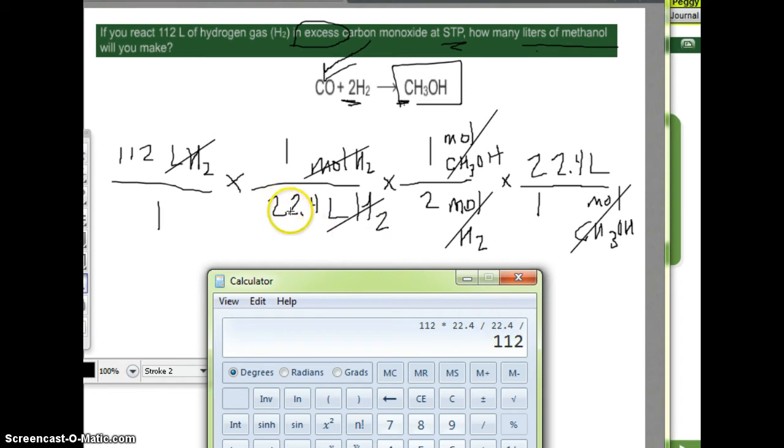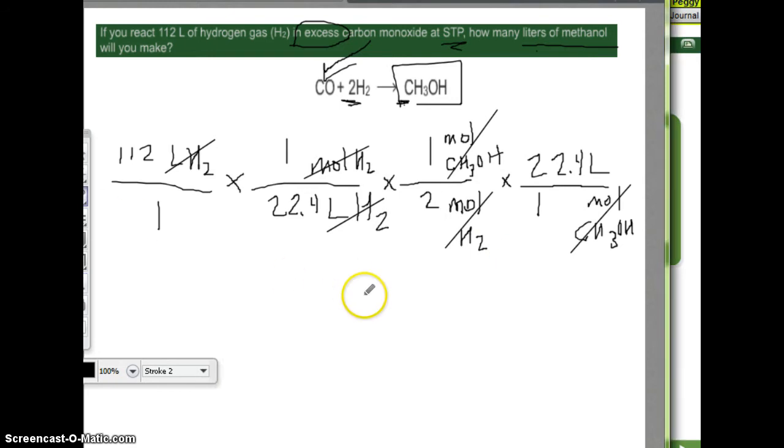Yes, I do know that those cancel. And then divided by 2, and your answer is 56. So 56 liters of what? CH3OH or methanol. Again, hit pause, make sure you have everything that you need.